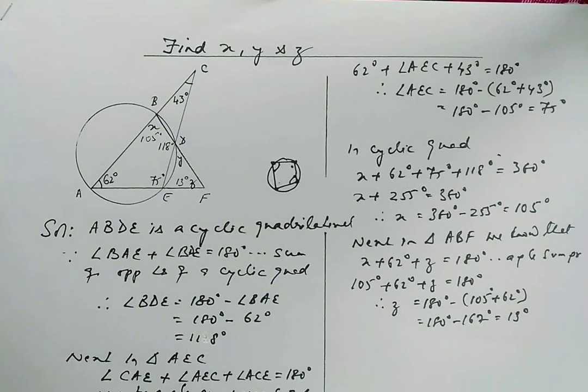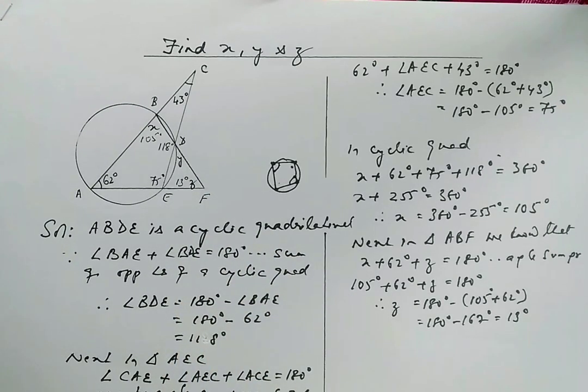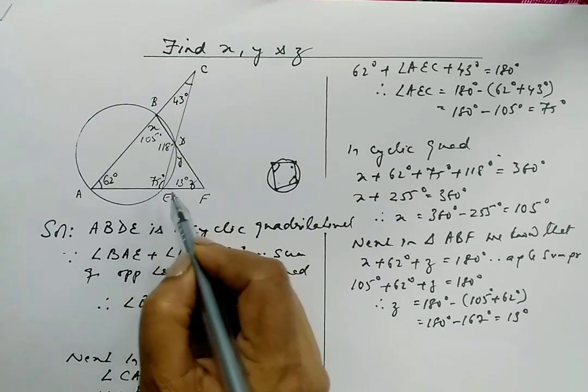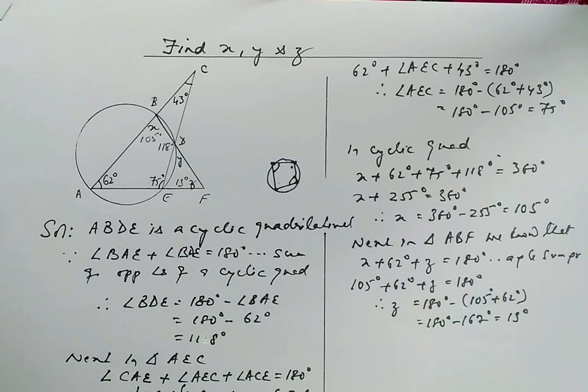Now, Y is left. How do we find Y? This is also very easy. We know that this angle is an exterior angle in this triangle.